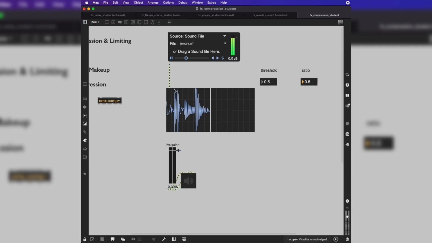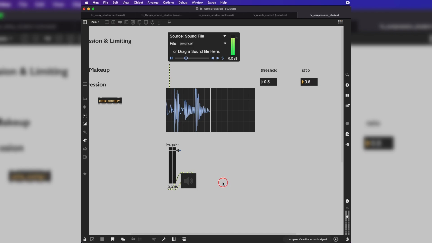When the signal is 1, it is 0.5 sample values above the threshold we said, right? The threshold is 0.5. When the signal is 1, the difference is 0.5. That difference, we're going to scale by the ratio. So we multiply it by 0.5, which gives us 0.25. And we add that back over the threshold. So a sample value of 1, when we compress it with these values, should become the sample value of 0.75.